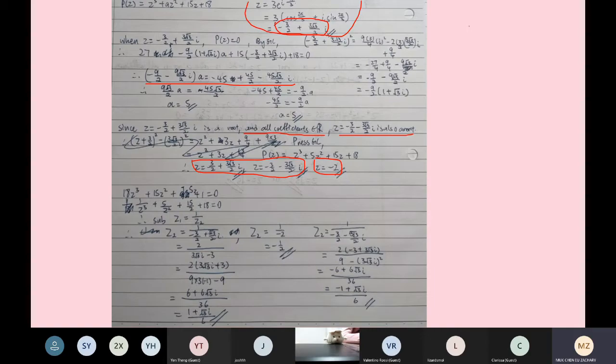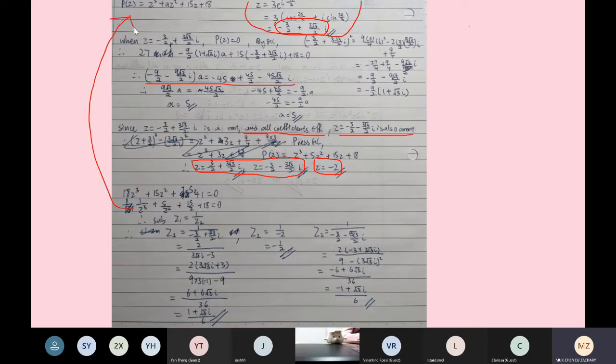Last part of this question: 8z cubed plus 15z squared plus 5z plus 1. In case you haven't seen the pattern, you divide the entire equation by z cubed. After you do that, it will be in the same form as the original equation.